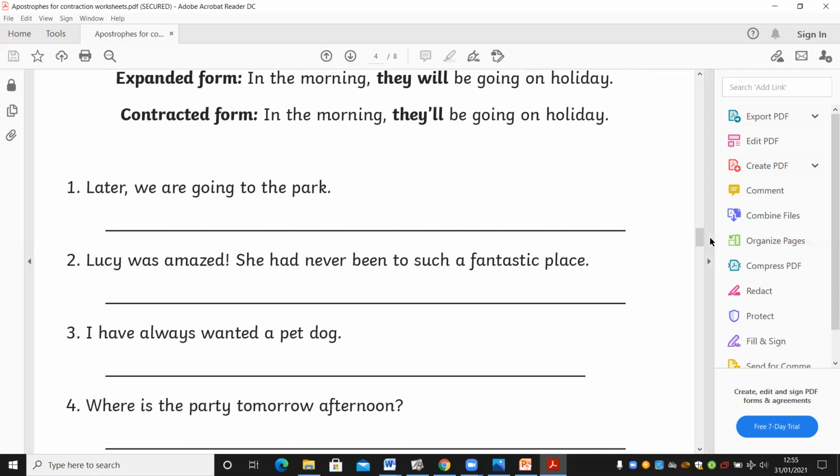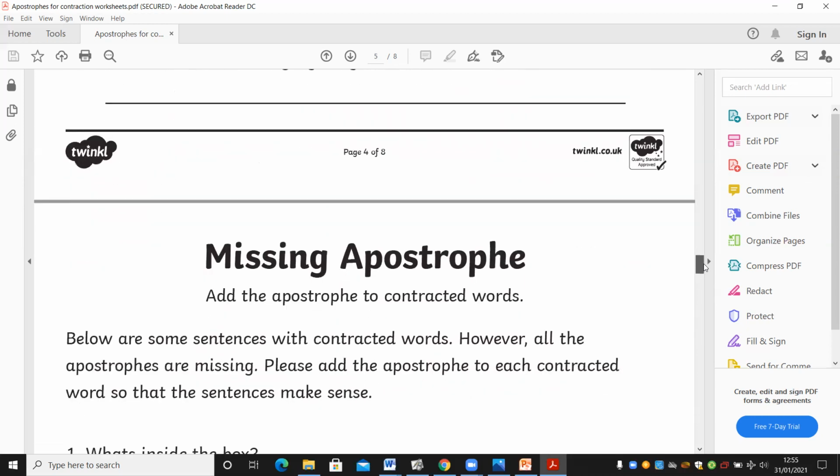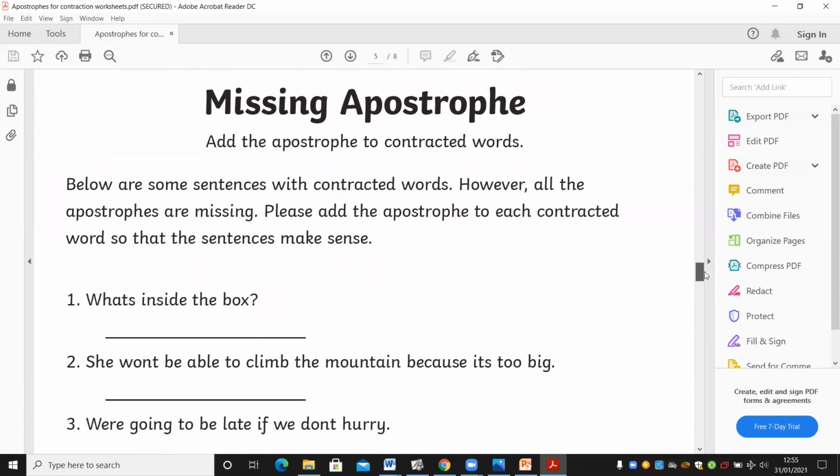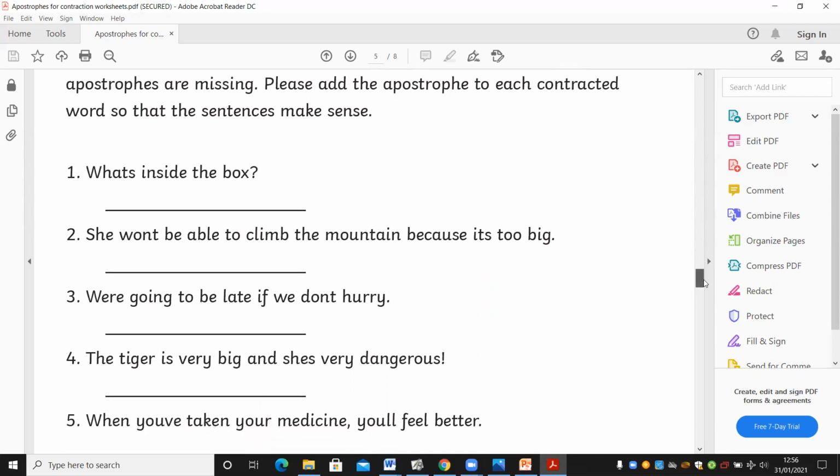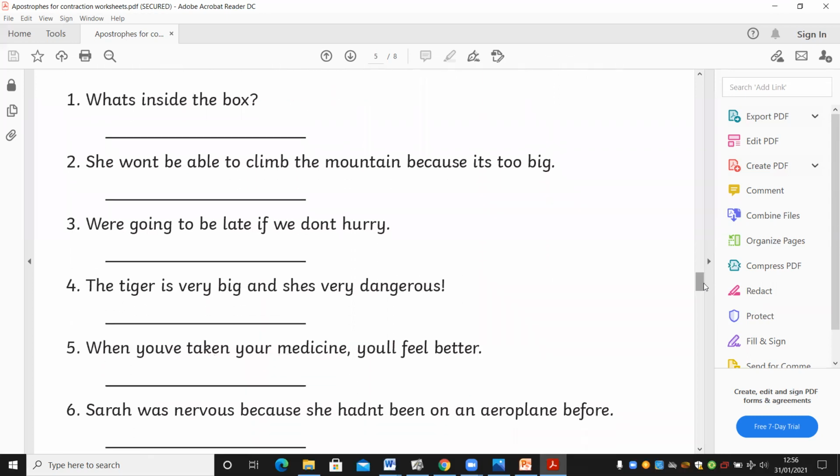And the last task, which is the hardest, but I know that many of you would be able to do it no problem, is called Missing Apostrophe. Here you are given a number of sentences and you have to find out which words have the missing apostrophe and then have a go at rewriting that sentence.